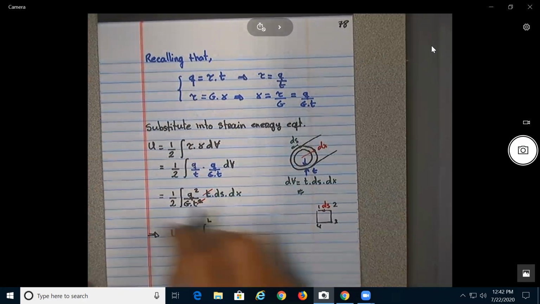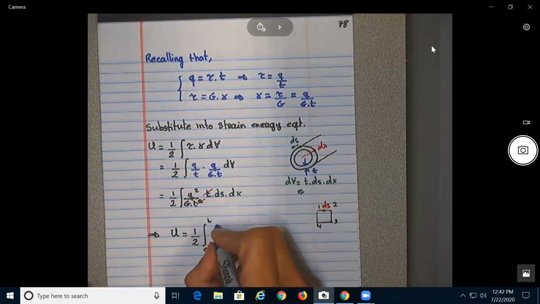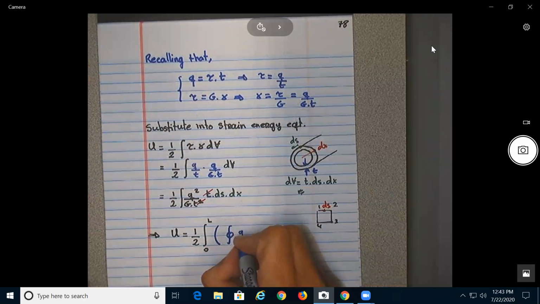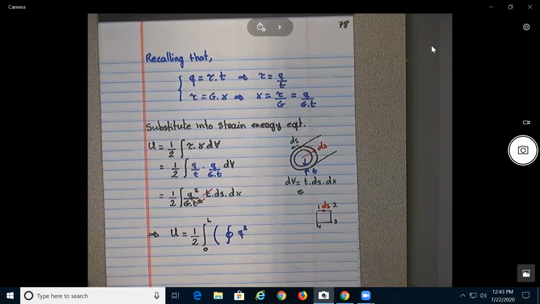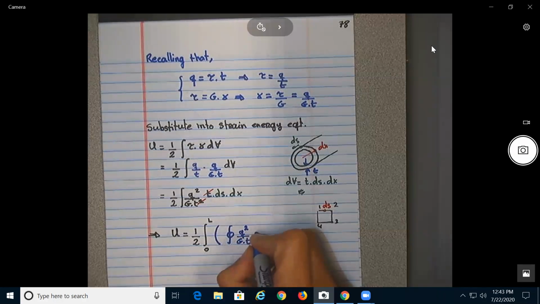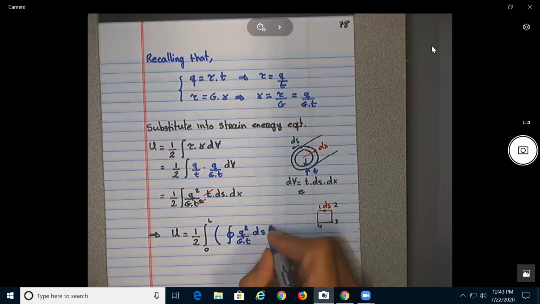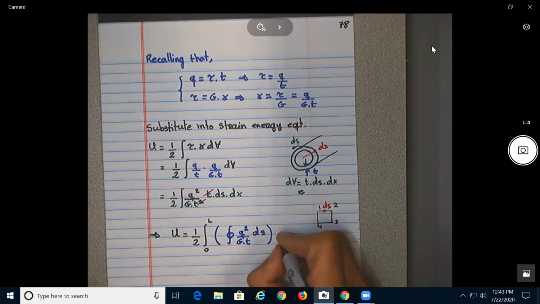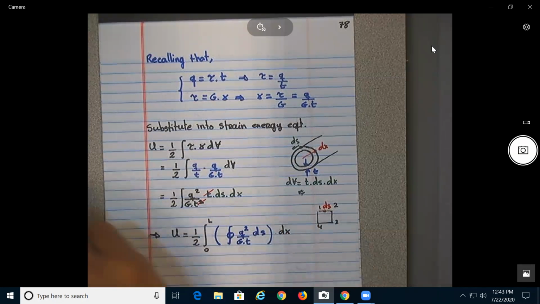So this will be equal now to the integral around the cross section until you close it of Q squared over GT ds. And then you need to multiply this by dx, which is the length of your beam.